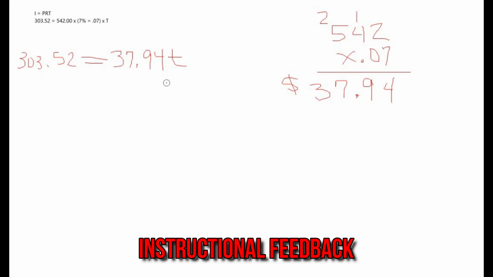And in order to do that, we have to isolate and get our T by itself. We're going to do that by dividing, because the opposite of multiplication is division, and we have 37.94 times T here. Okay, so in order to get rid of this 37.94, we're going to divide. Okay. What we do on one side, we must also do on the other side, so remember that.